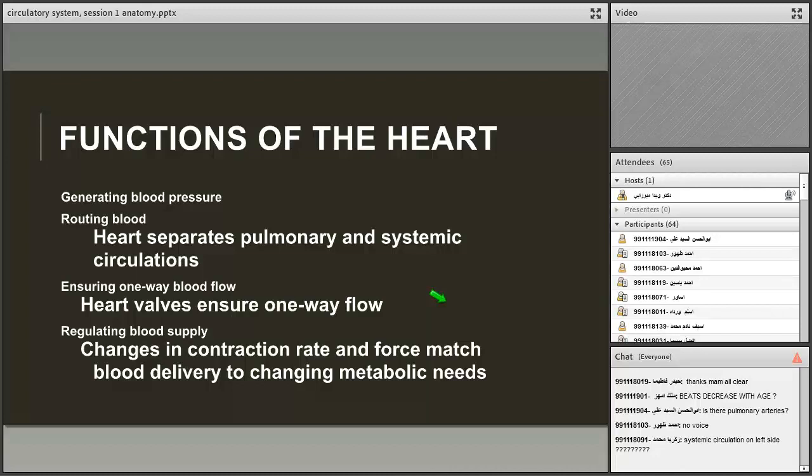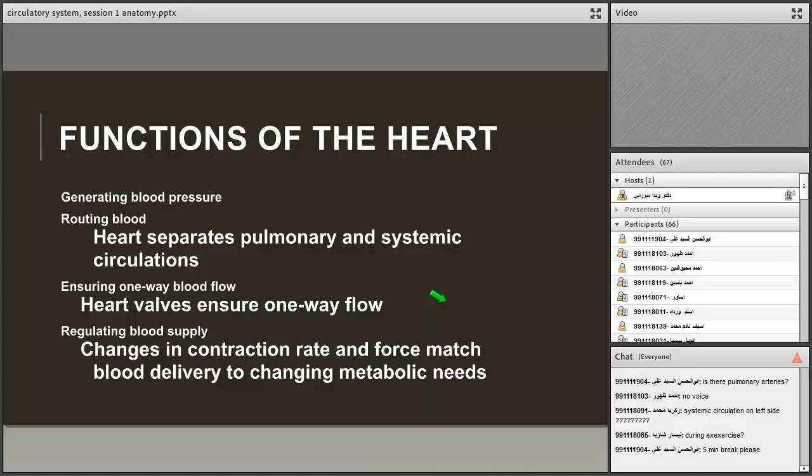If you have many functions, the heart will contract at a higher rate and force to match the blood delivery to the metabolic needs. And when you are relaxing or falling asleep, the heart rate will decrease because there is no need. Yes, during exercise, for example running.